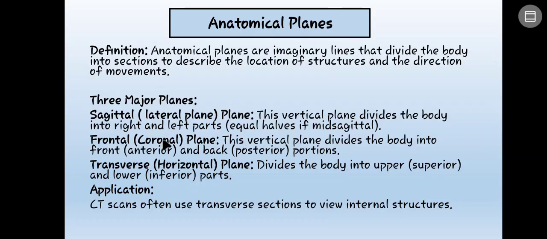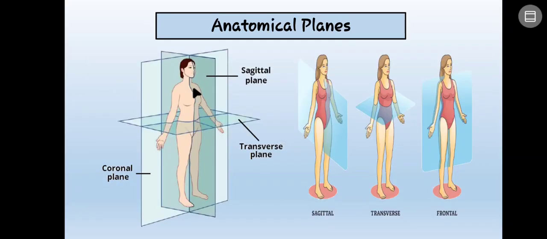Because if we are using the word vertical plane, this plane is coming from top to down, so that means it is going to divide the body into right and left portions. Okay, good. This is a sagittal plane.